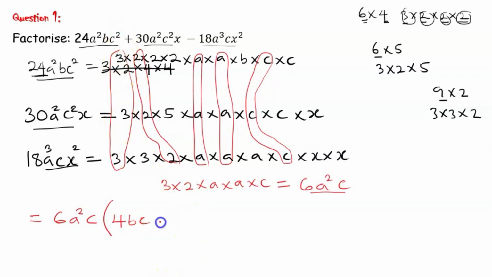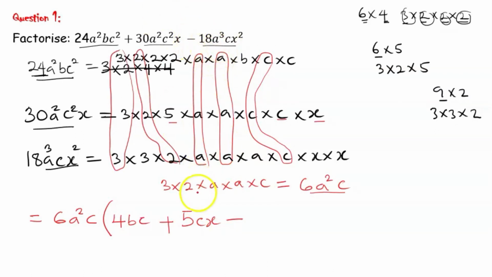All right, so plus, in this case we have 5, we have c and x, so I'm going to have 5cx. That's what is remaining here. I can see 5 remaining, I can see c, I can see x. All right, then the last one that we have is negative, because this sign is negative.